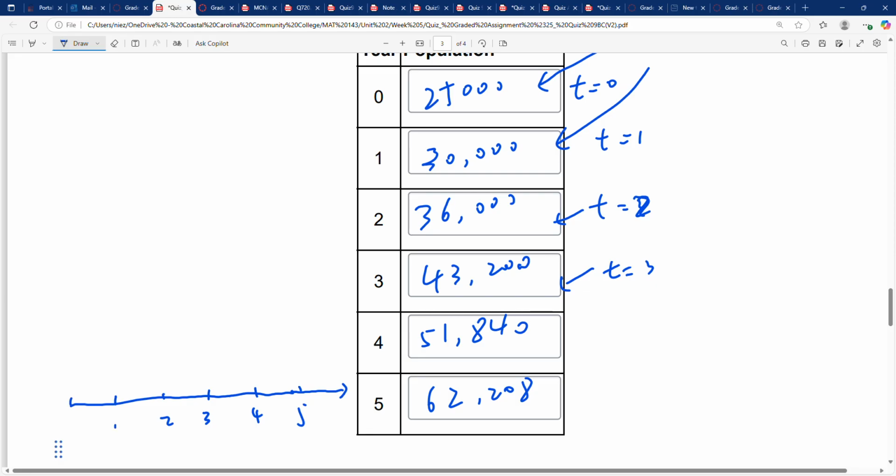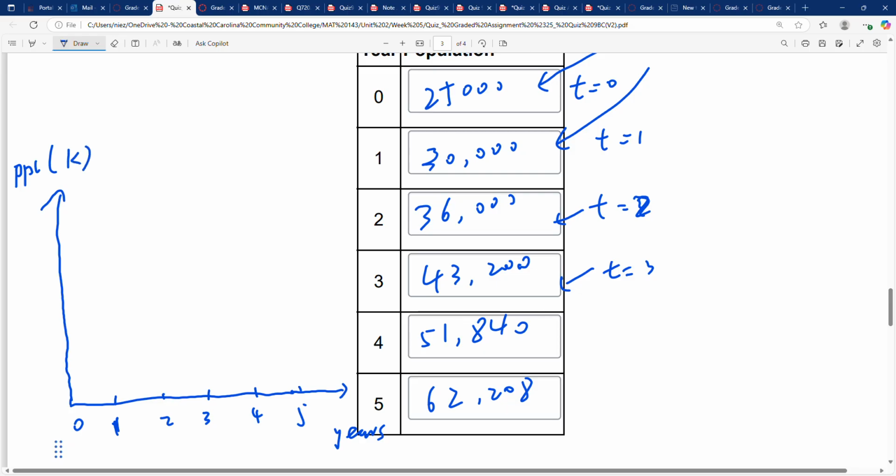Those are the years. Label the unit. And now the vertical axis: those are the people in thousands.